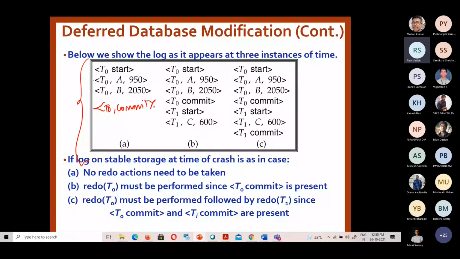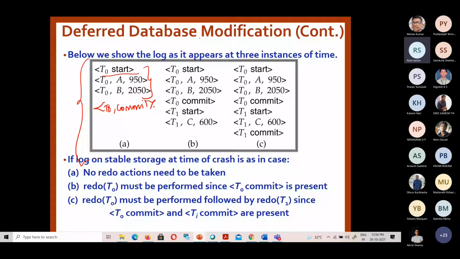So we can leave the database as it is, because we haven't made any modification to the database until this time. Only once the transaction partially commits do we include the values in the commit record, and only once the commit record is there do we update the database, by means of the redo operation. But here, since there is no commit record and only the start record is there, we leave the database as it is. No redo actions are taken for this first case.